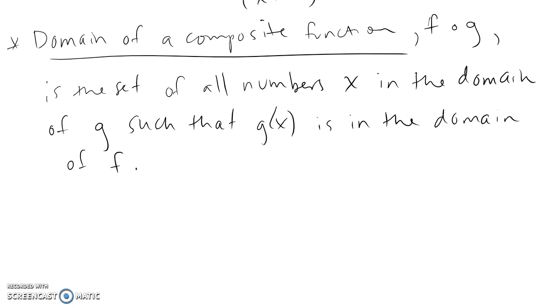The idea is that the inputs into the inner function, or g, as long as they give outputs from the whole function, f of g, give us the domain of our composite function.